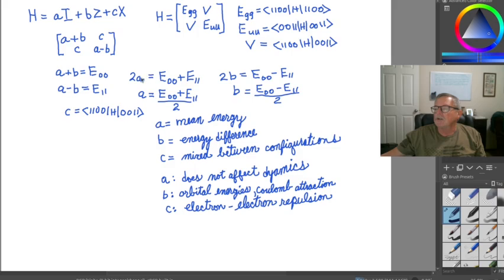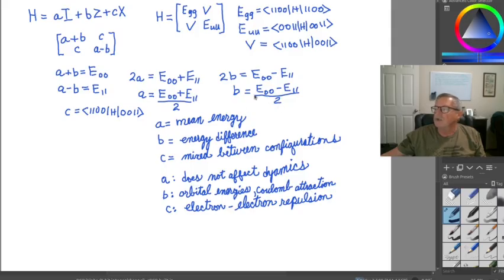If we divide both sides by 2, that's what we get for A. For B, if we multiply the bottom by -1 and add these two equations together, we'll get 2B, and that makes B equal to E00 over 2.